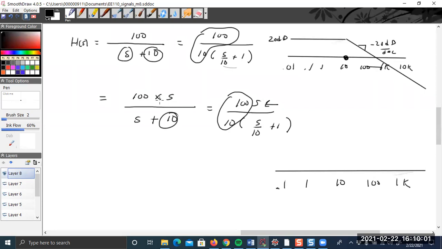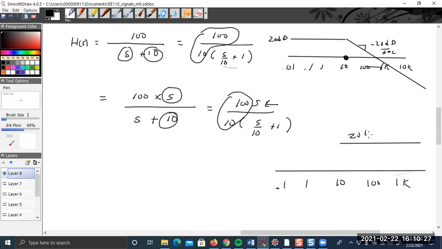But I know that there's a root at 0, and I have a pole that isn't at 0, because otherwise it'd cancel out. So I know this is a high pass shape, right? So really, rather than setting S equal to 0, I set it to infinity, and I get 100 divided by 10.